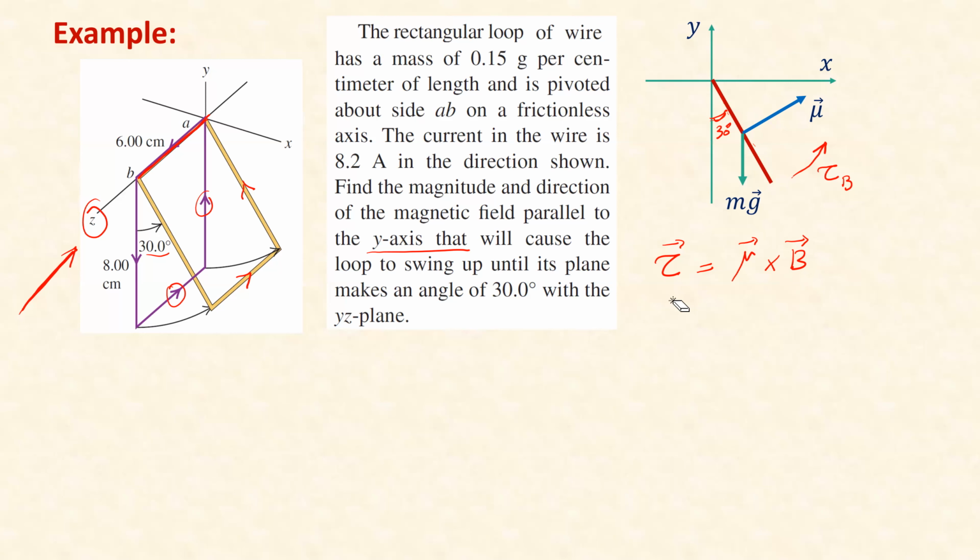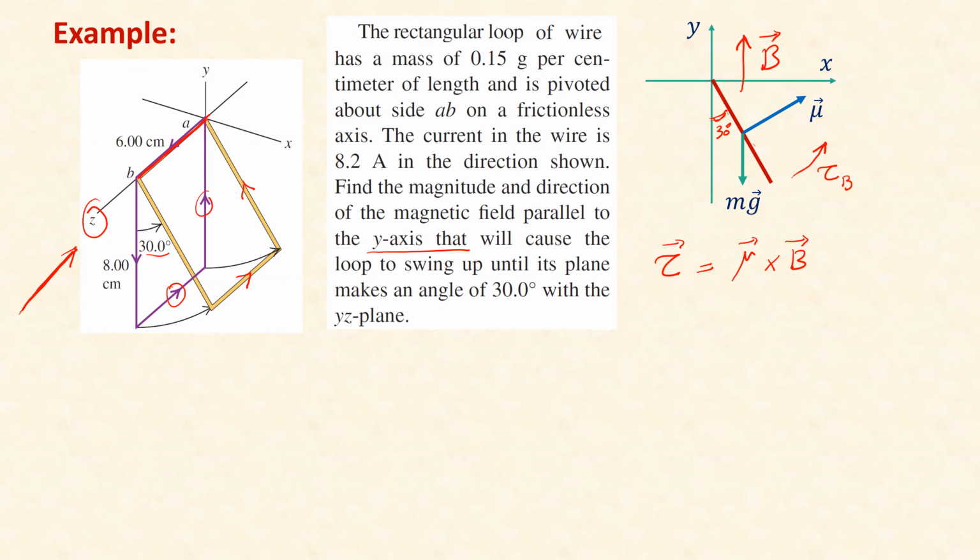And again, if you want the torque to be in the z direction, you put your thumb in the direction of z and then see which direction should mu turn into, so that your thumb shows in the z direction, which then you come up with the B field being in the positive y direction.